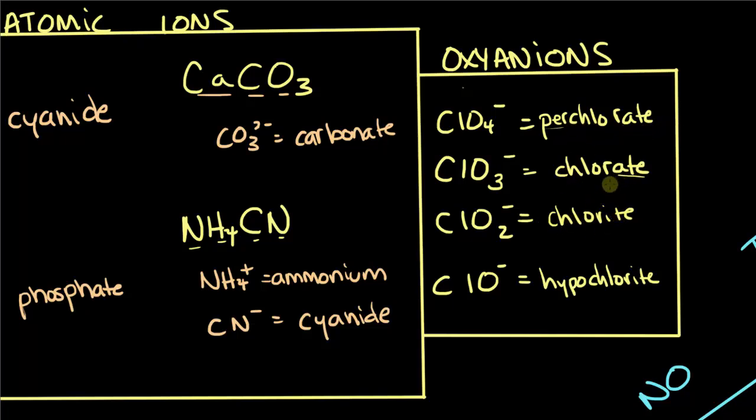If you subtract 2 oxygens, it goes from ate to ite, and you add the prefix hypo. Again, just to give you another example, maybe you have NO3 minus, which is nitrate. Well, what if you had NO2 minus? That would be nitrite.